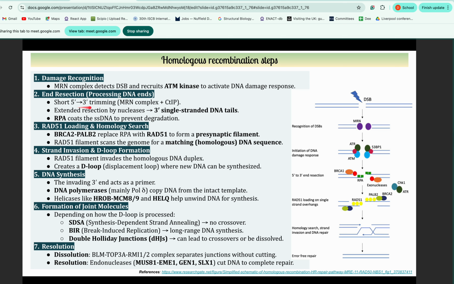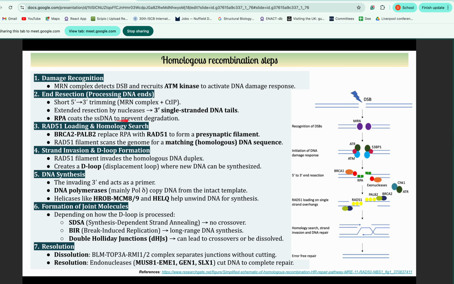Firstly, there is short 5' to 3' trimming, in which the MRN complex and CtIP help. Then extended resection is carried out by nuclease enzymes, which generate 3' single stranded DNA tails, because now it is long range resection. That means a greater part is being deleted.